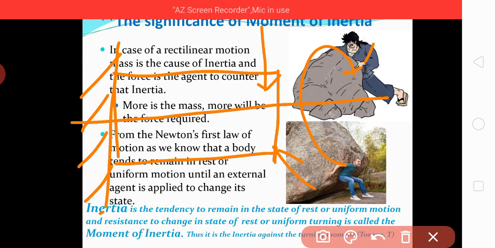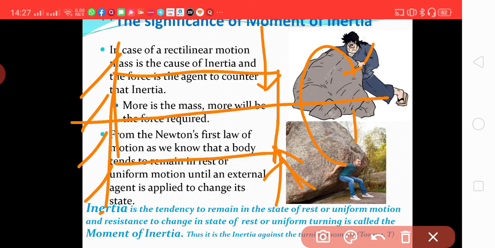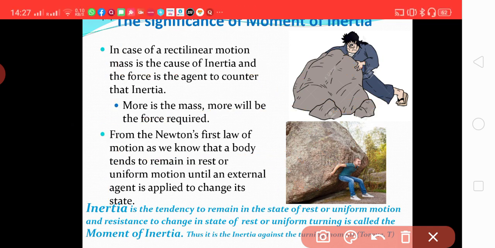The forces are opposite to each other. One force is acting like this, the other is acting opposite. So it will have a pure twisting moment, and that twisting moment is called torque.